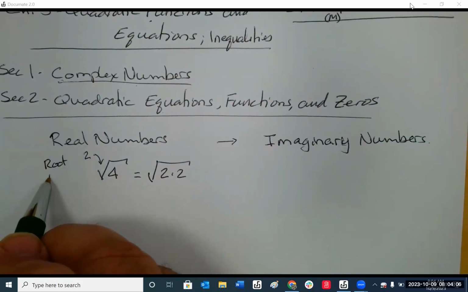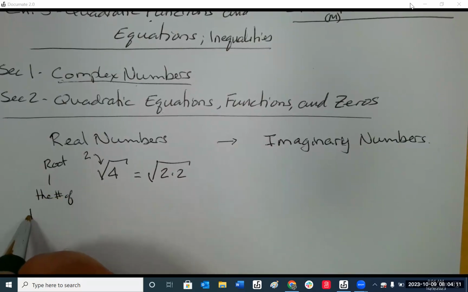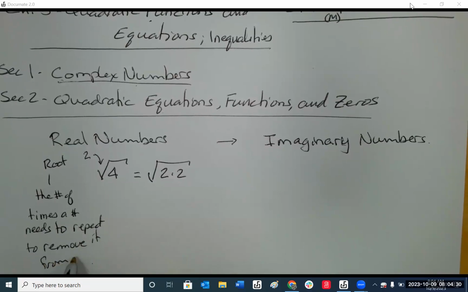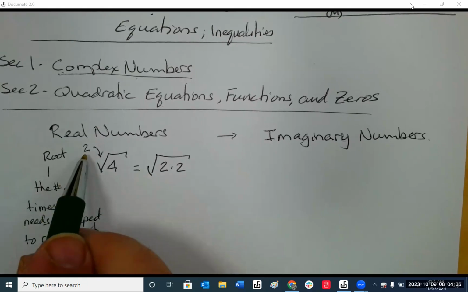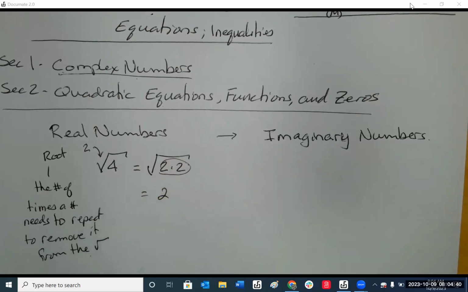The root tells us the number of times a number needs to repeat to remove it from the radical. So that's a 2. So once we have 2 of the same number, that's where you get our answer.